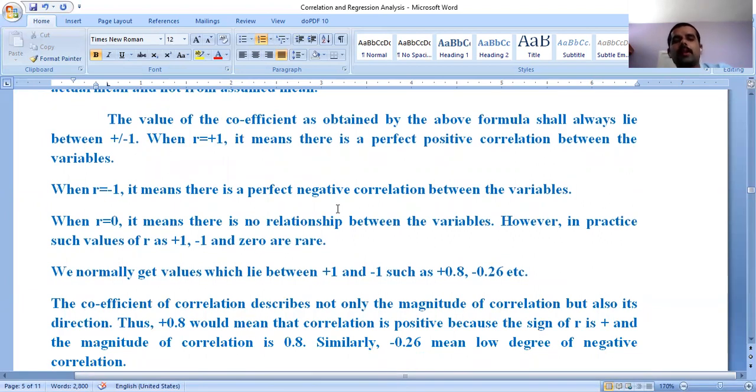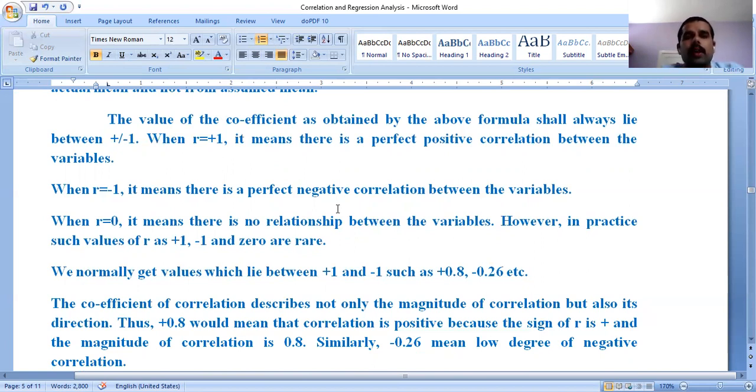Then when r is equal to 0, it means there is no relationship between the variables. However, in practice, such values of r as plus 1, minus 1, and zero are very rare. We normally get values that lie between plus 1 and minus 1, such as plus 0.8, minus 0.26, etc.